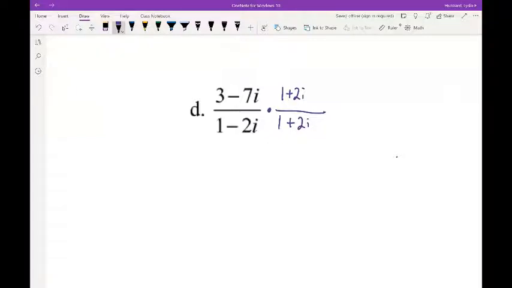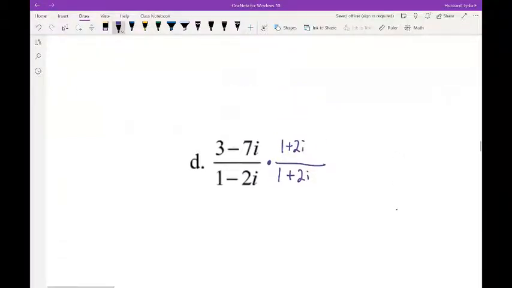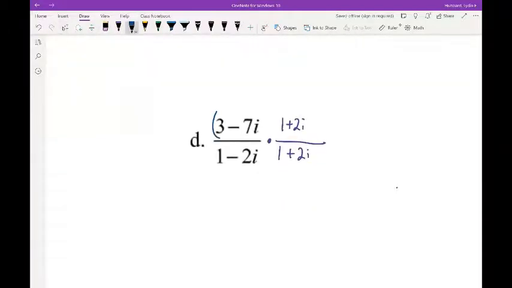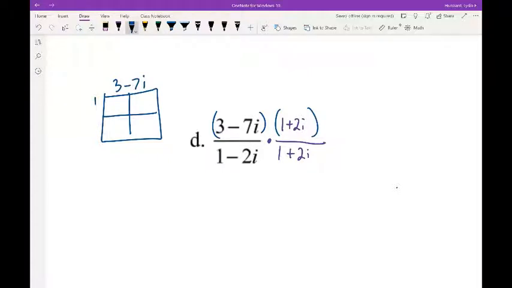So I'm going to do my box method for these to make sure that I'm doing this correctly. So I'll start with the numerator. Okay, so 3 minus 7i times 1 plus 2i. 1 times 3 is 3. 1 times -7i is a -7i. 3 times 2i is 6i.